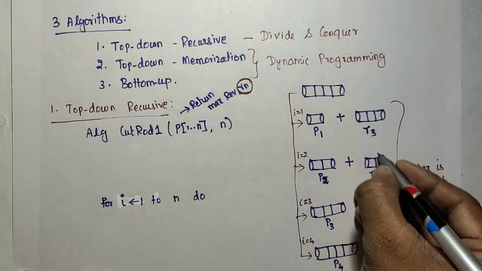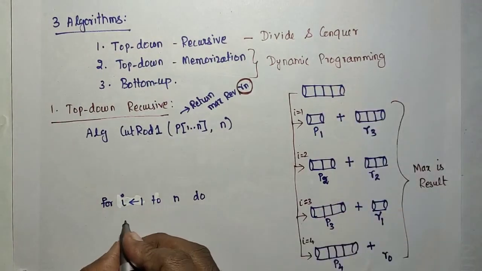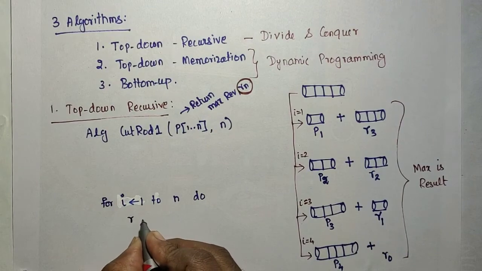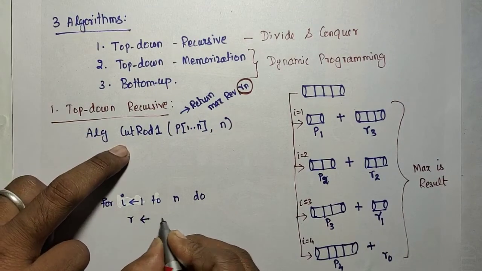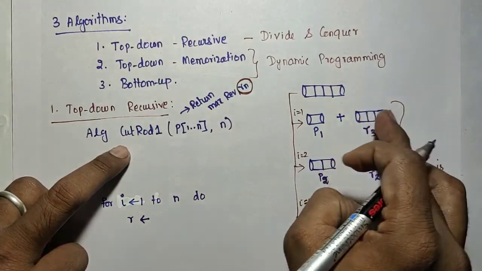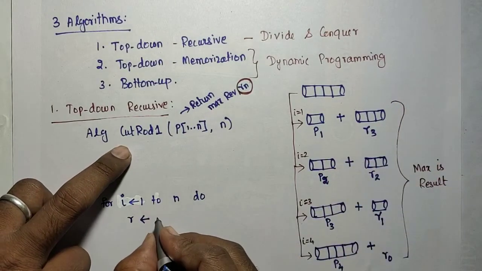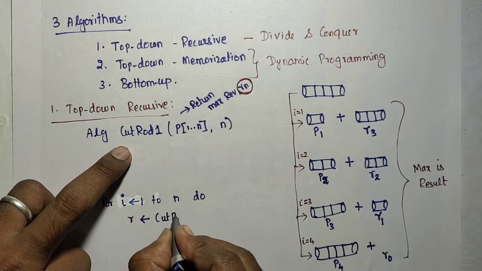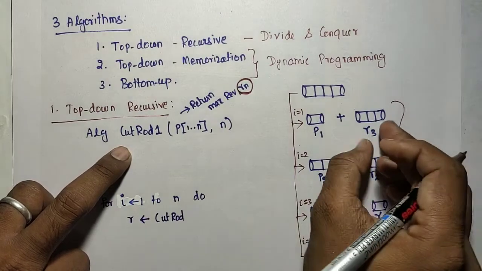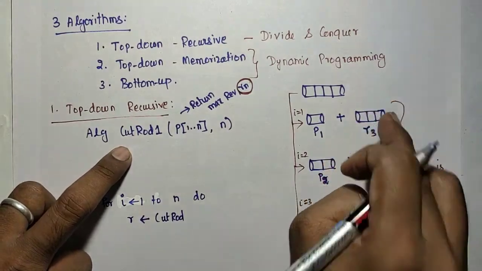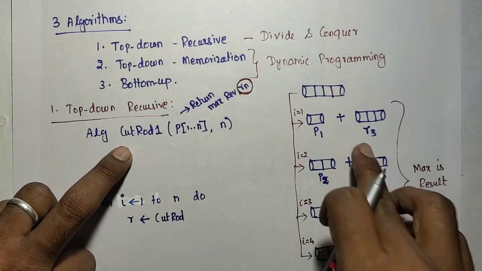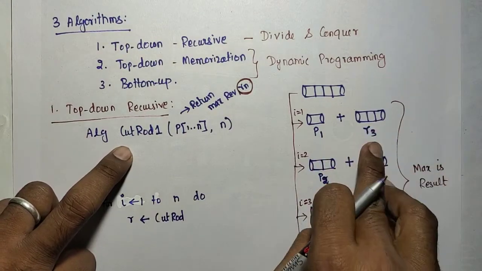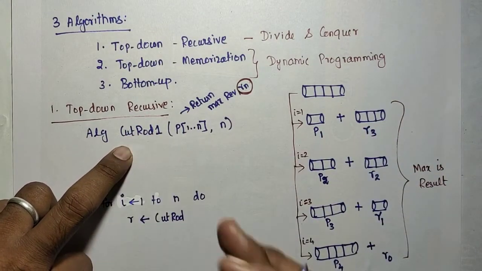So I need to find the maximum revenue of the second piece, that can be determined by using the same algorithm. For finding the remaining inch rod's second piece maximum revenue, we are going to use cut rod. We are not going to take the price of the second piece as it is. Instead, that second piece's maximum revenue is going to be determined by the cut rod algorithm.